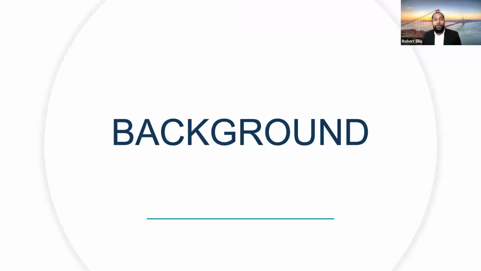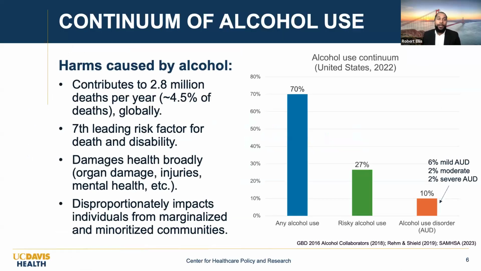So getting right into it, here we're going to go into our background. Unhealthy alcohol use, including AUD, contributes to 2.8 million deaths per year globally. That's around 4.5% of all deaths. And it's the 7th leading risk factor for death and disability. It damages health broadly, including organ damage, injuries, accidents, many of us know like car accidents, mental health, et cetera.